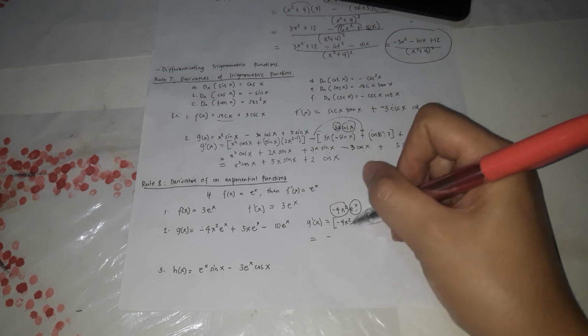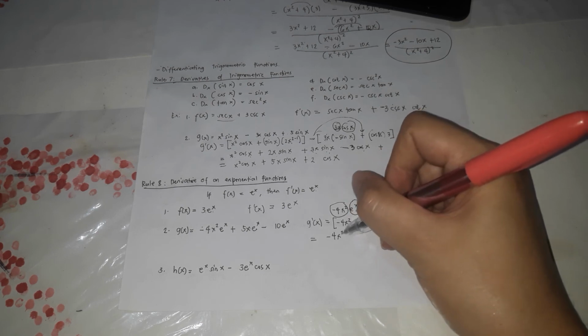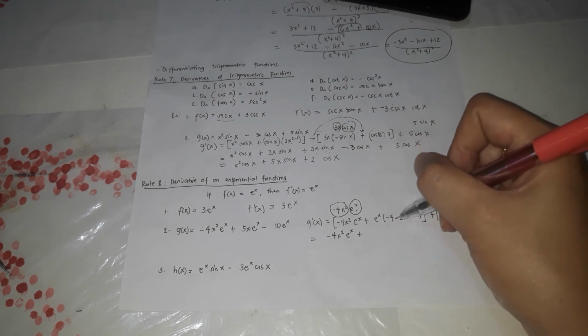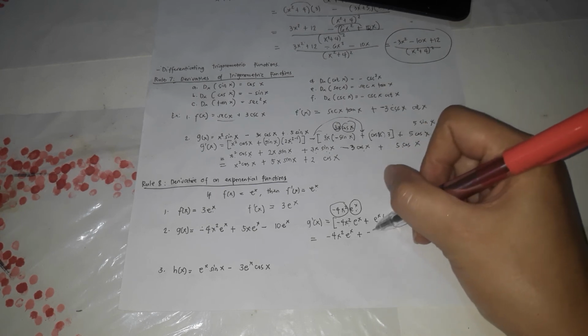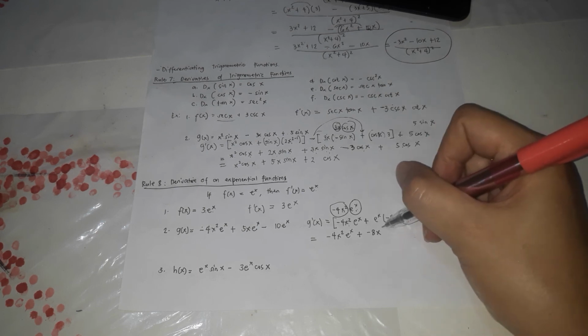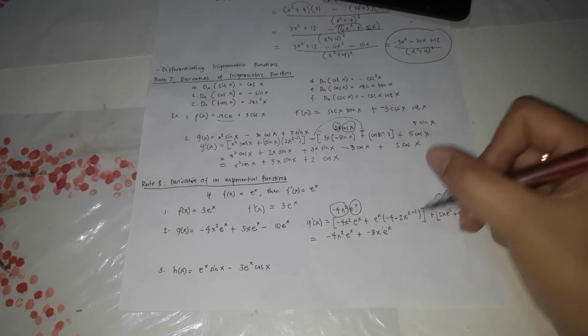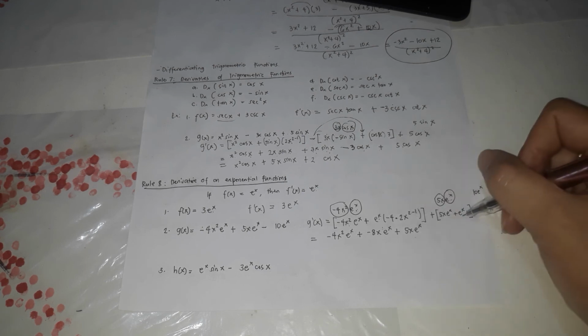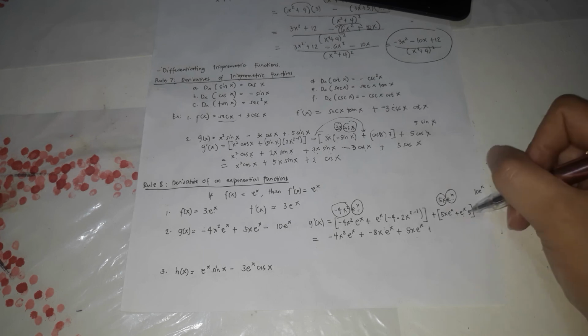So equal to negative, simplify, 4x squared e^x plus na natin. So negative 4 times 2, negative 8, x to the power 2 minus 1, or x, e^x, plus, copy, 5x e^x, copy rin yan siya, times 5.